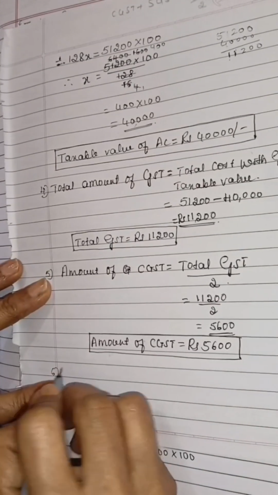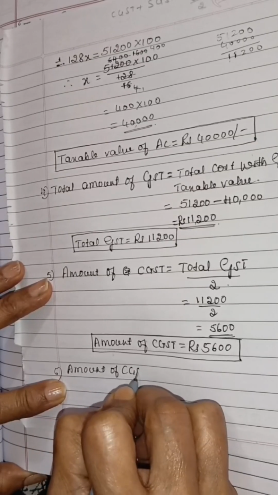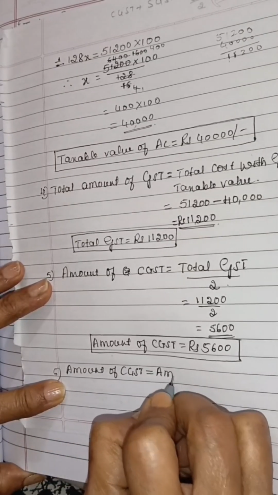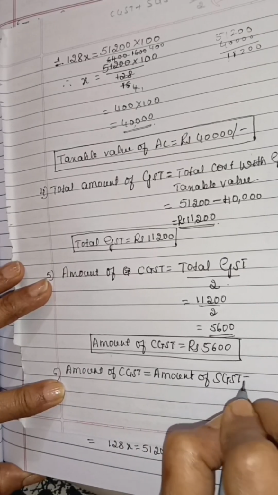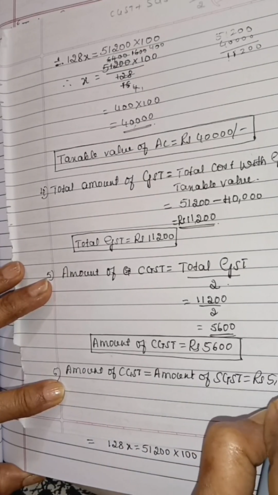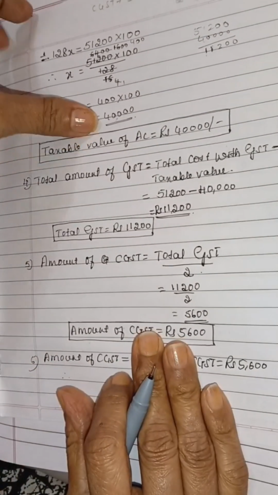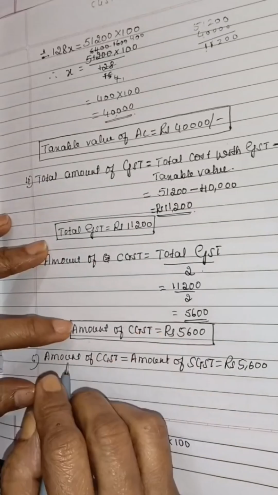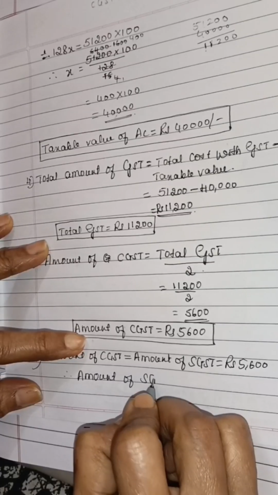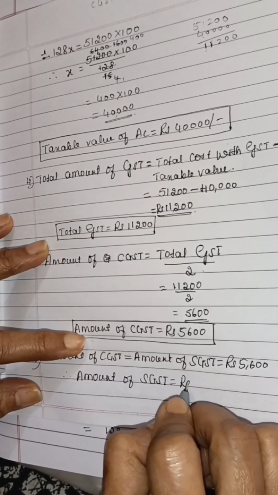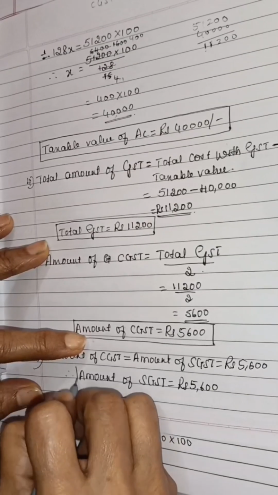So let's write: amount of CGST equals amount of SGST, that is rupees 5,600. Therefore, amount of SGST is rupees 5,600.